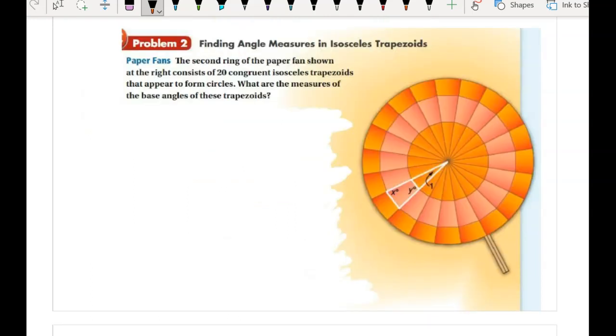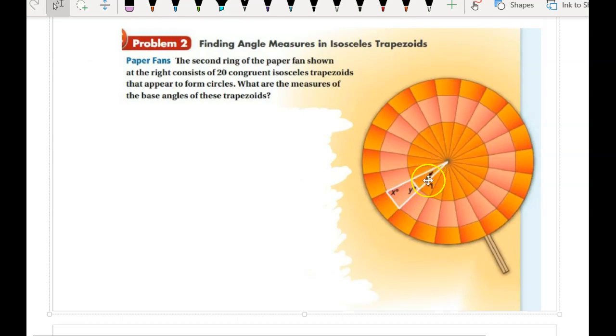Now let's take a look at problem 2. I want you to look at it for a minute. Go ahead and hit pause and see what information we need to know. I have to figure out how I can get some numbers. Right now, I've got X is what I'm looking for, Y is the other thing I'm looking for.